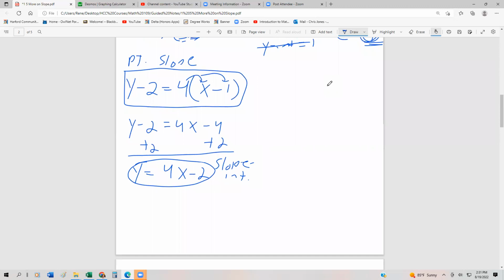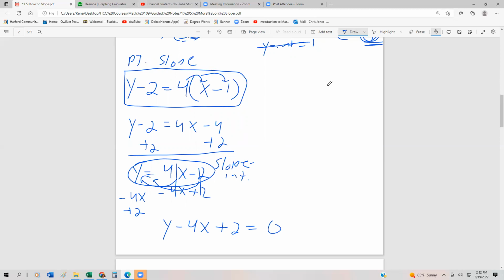To get there, we're going to move the 4x and the negative 2 to the other side by subtracting 4x and adding 2. So we get y minus 4x plus 2, and on the other side that's equal to 0.